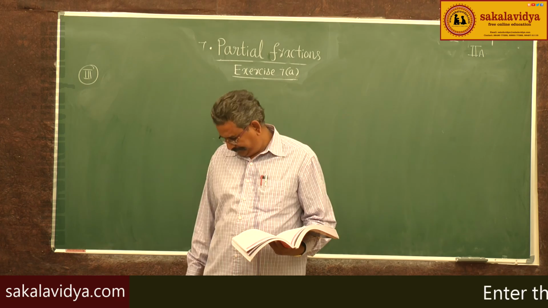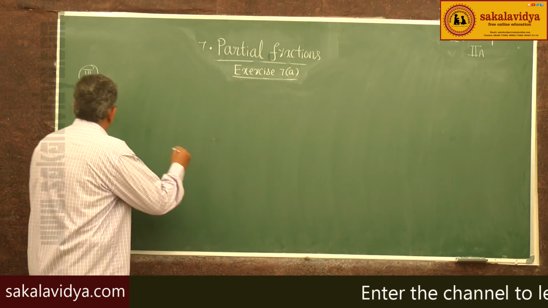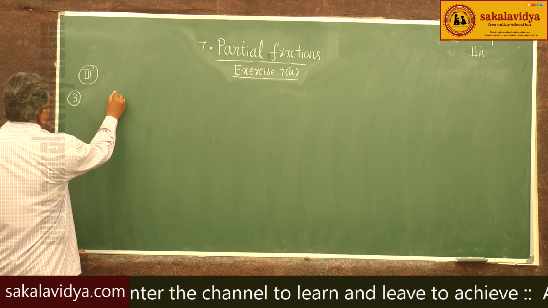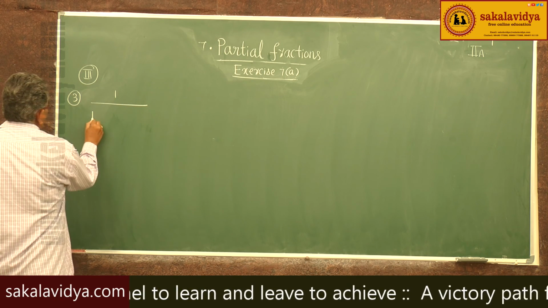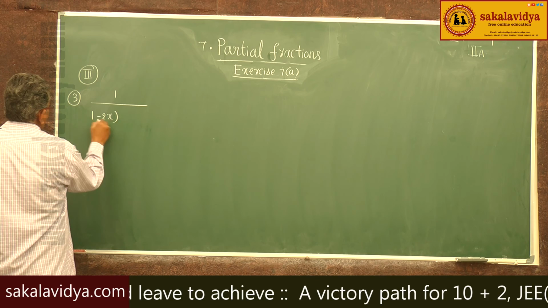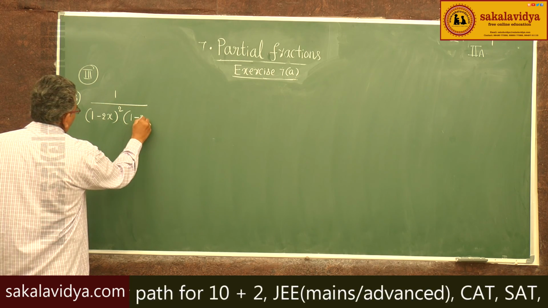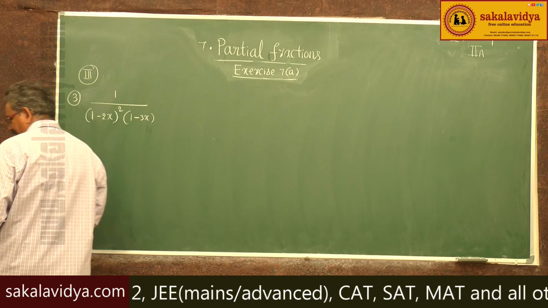Third problem. 1 by (1 minus 2x) whole square multiplied by (1 minus 3x).